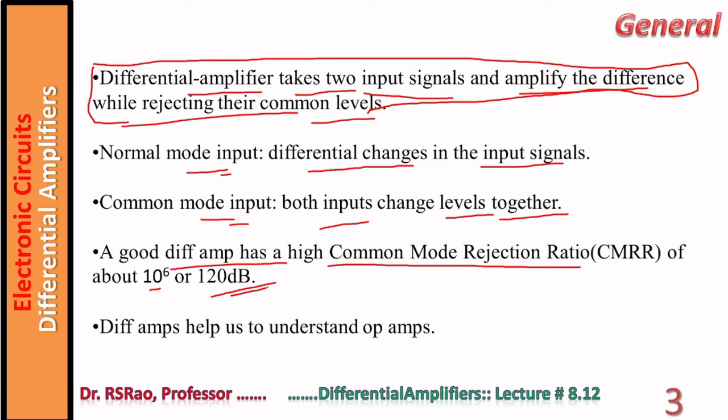It should be absent. Of course, that is the ideal case, but in practice it is present, in small quantities. Common mode rejection ratio gives an indication of the efficiency of the amplifier in suppressing the common part in the signals.